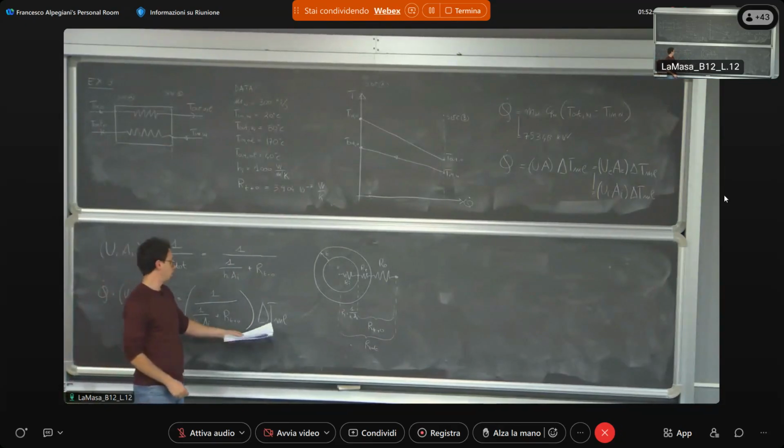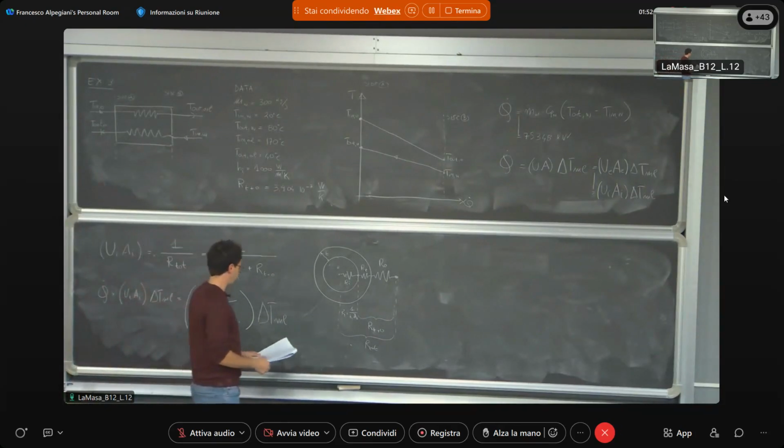But we are also missing the mean logarithmic temperature difference.